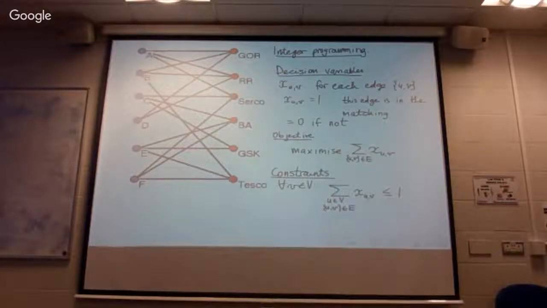And that's that. And then whenever you have an edge, you want this variable to be binary. So all the variables are binary.